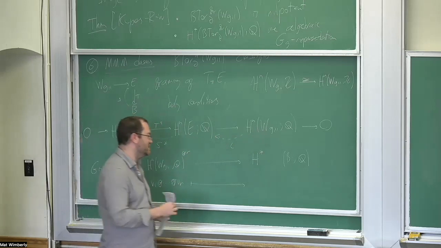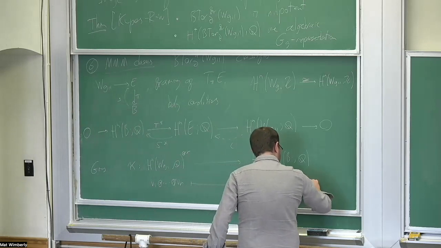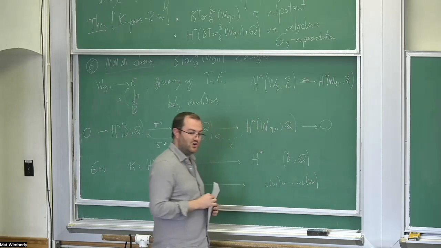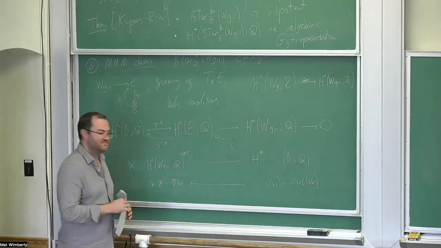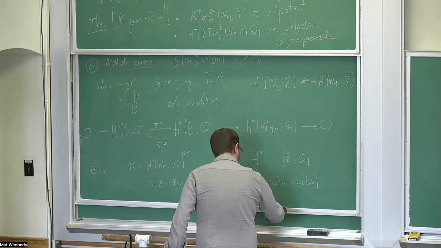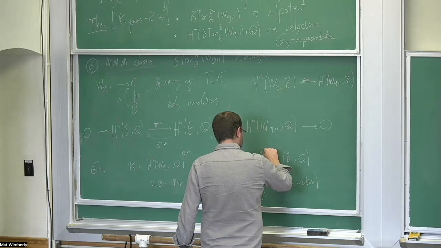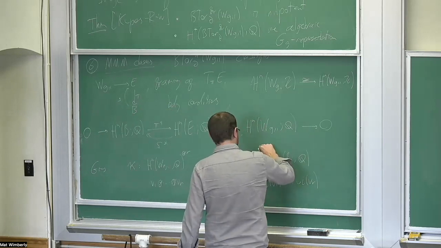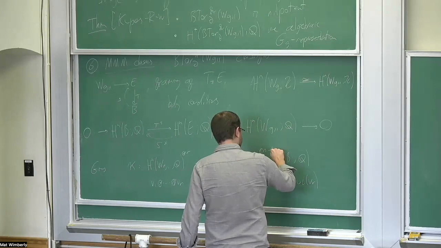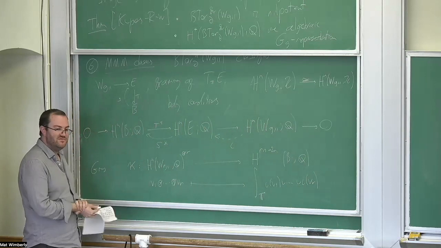And then I cup them all together. So that's a cohomology class on E. And then I fiber integrate it from E to the base. And that gives me a class of degree rn minus 2. And this is some invariant.